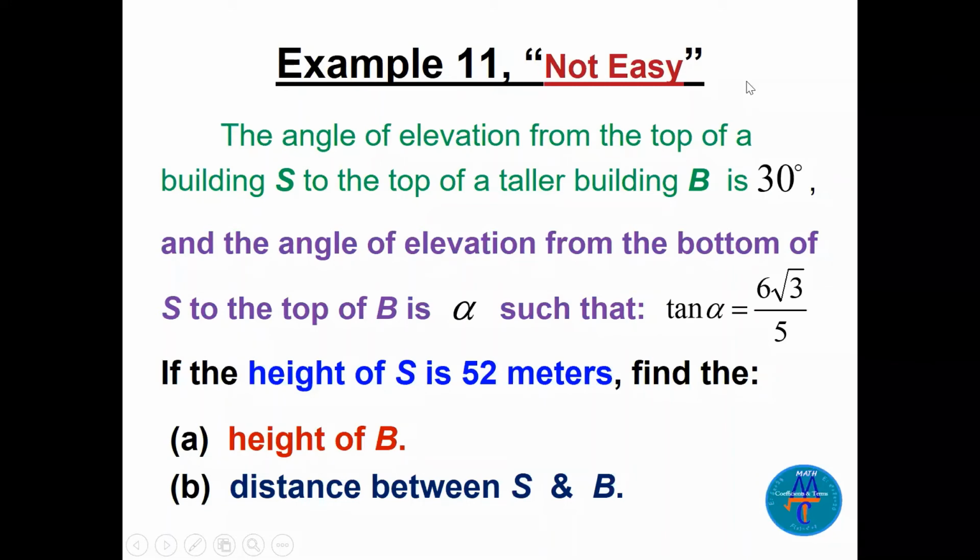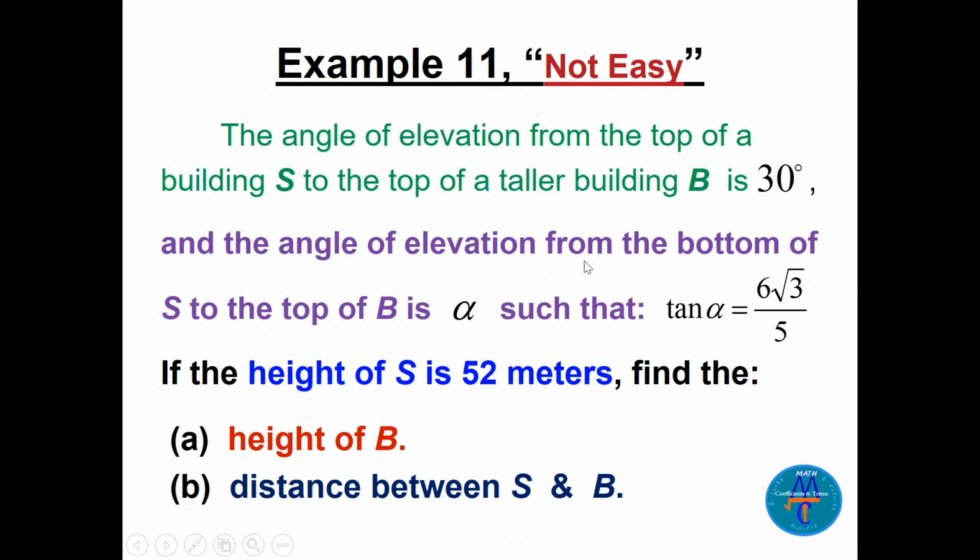Now, question number 11 is not an easy question. Let's see that. The angle of elevation from the top of a building S to the top of a taller building, capital B, is 30 degrees. So in the first sentence here, we see that we have two buildings, let's say a short building and a high building.